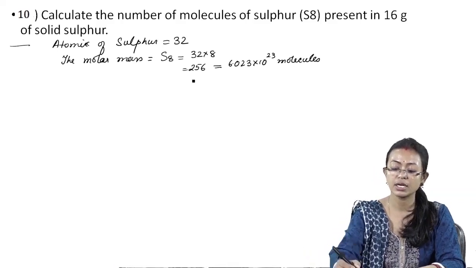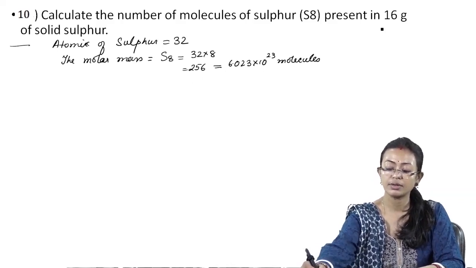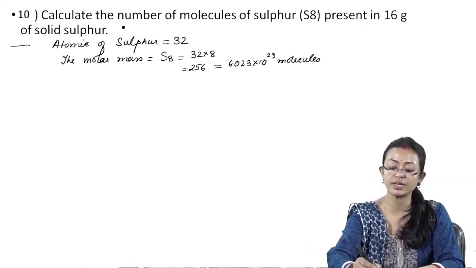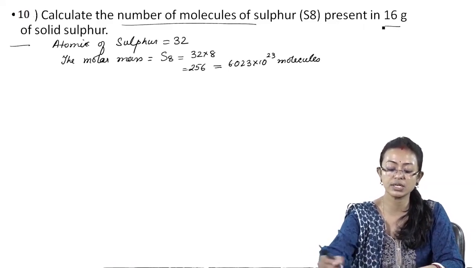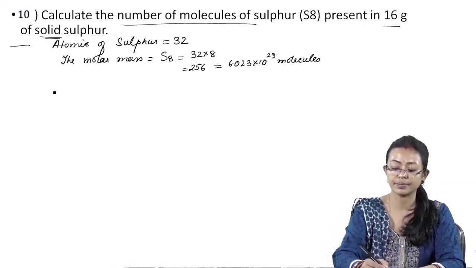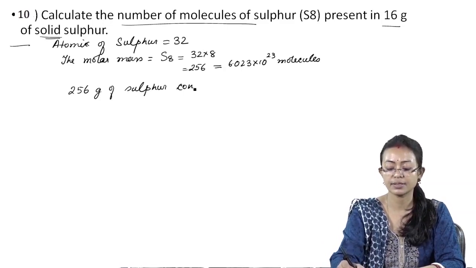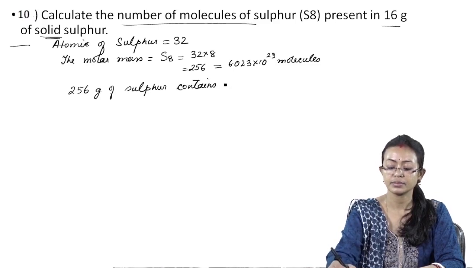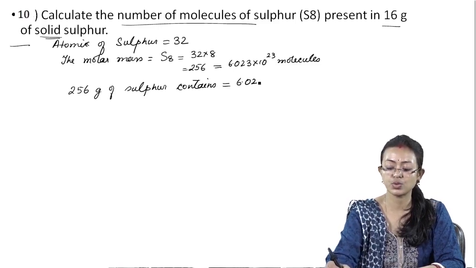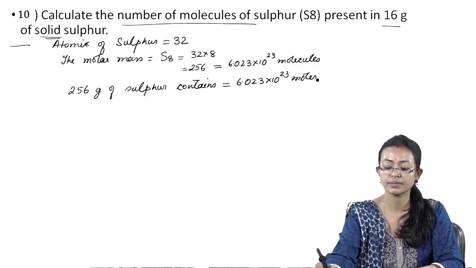Now the question says that you need to find out the number of molecules for 16 gram of solid sulfur. So if 256 gram of sulfur contains 6.023 into 10 to the power 23 molecules.